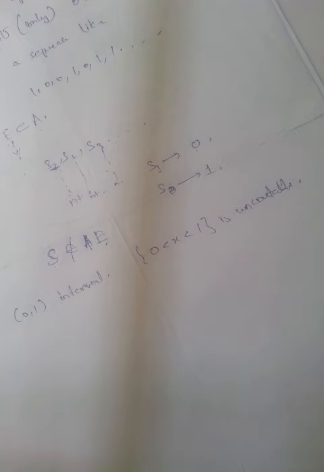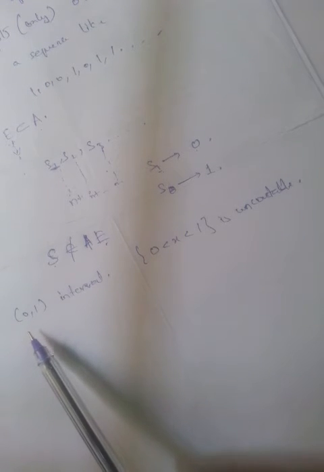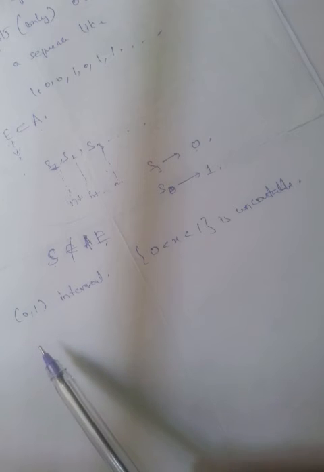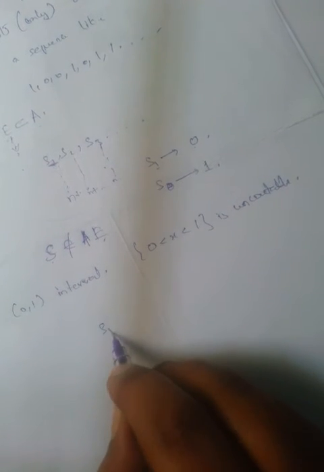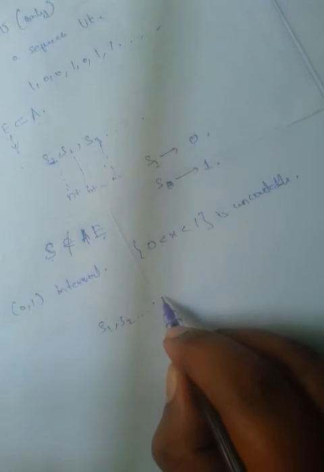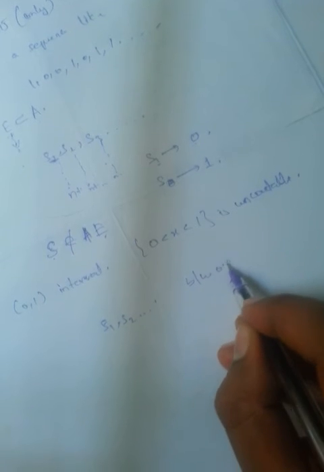To prove it, we assume that this interval [0, 1] can be generated by the sequences that we used previously, all the sequences that we could generate. For example, S1, S2, and so on are the sequences between 0 and 1.